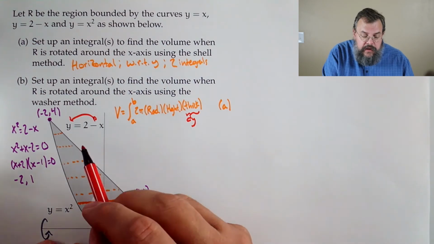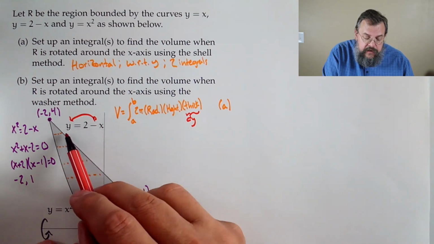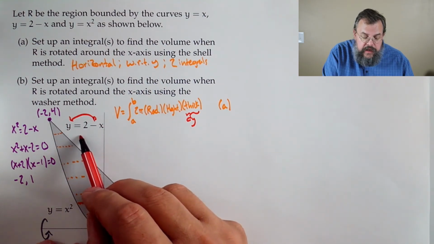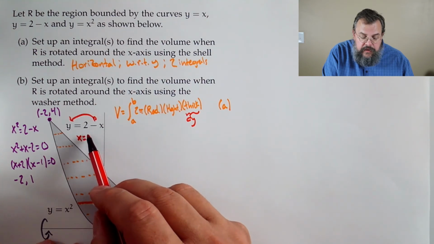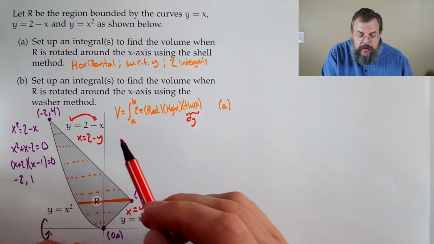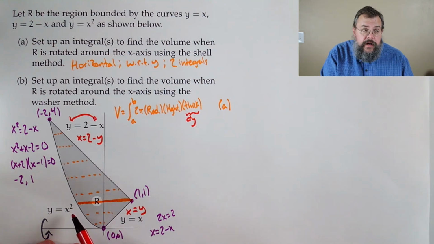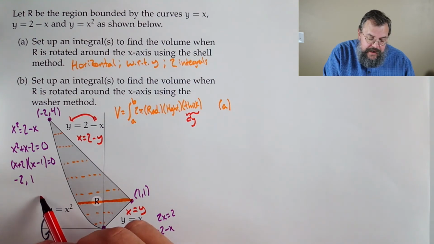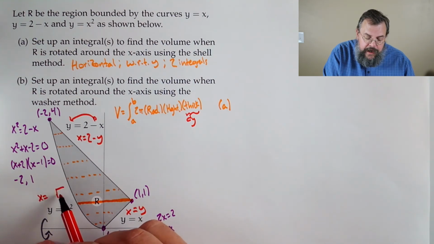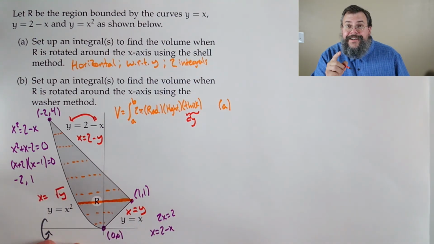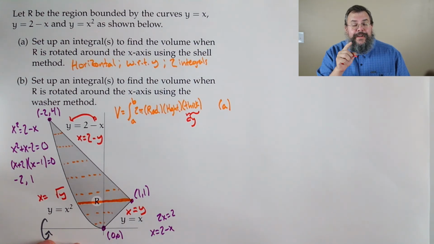What do you get? You add x, subtract y, and you get x equals 2 minus y. Wow, that's actually pretty easy so far. y equals x squared? Take the square root, and you get x equals square root of y. Right? Oh, careful, careful.